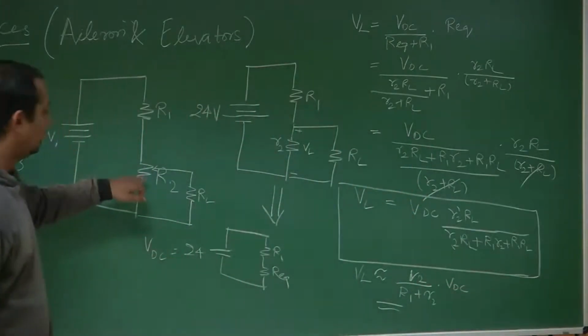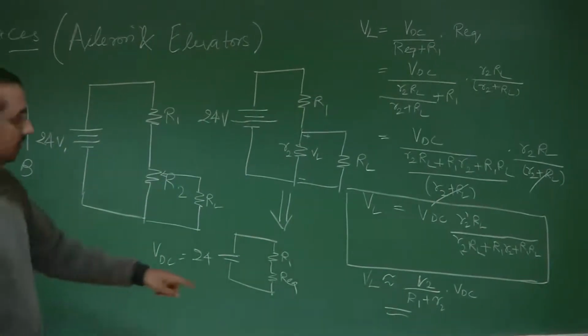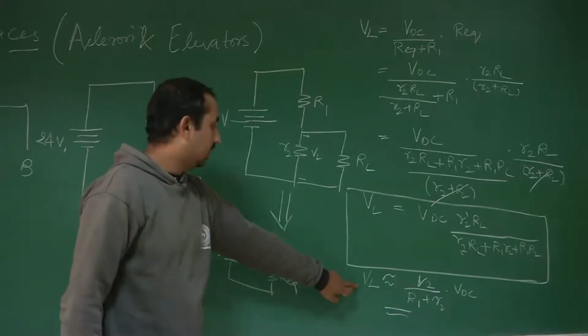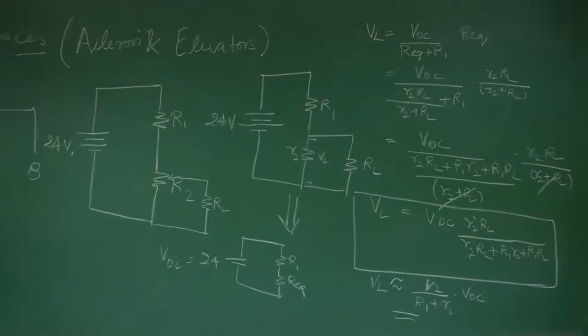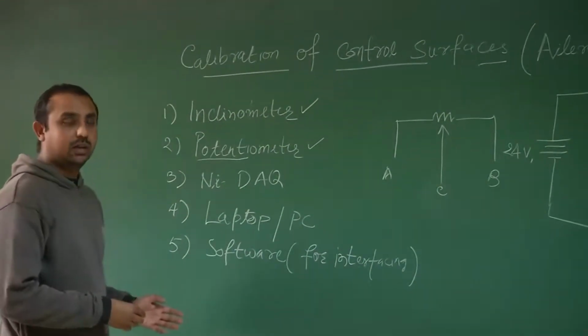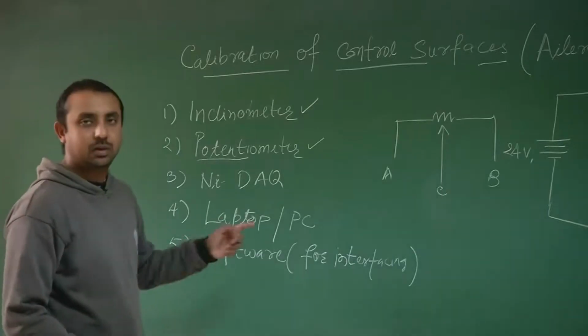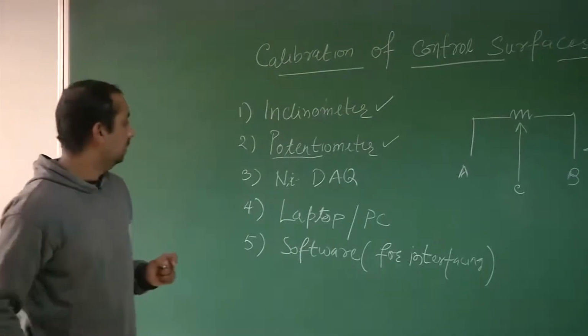So just varying this resistance using a contact switch, you can directly vary the potential across your load resistance. That is the principle the potentiometer uses to determine what your voltage will be against the deflection of the control surface. We will come to that when we discuss the experimental part.